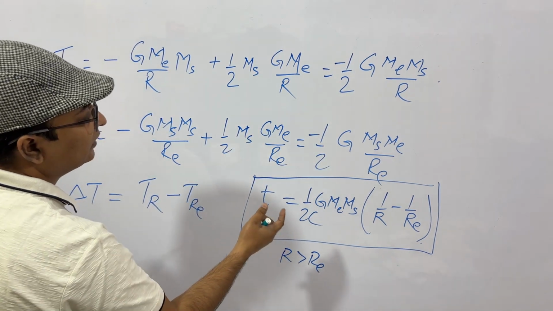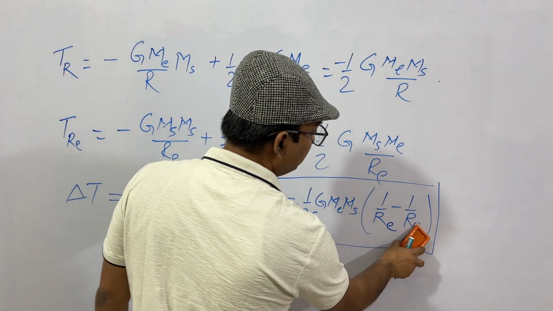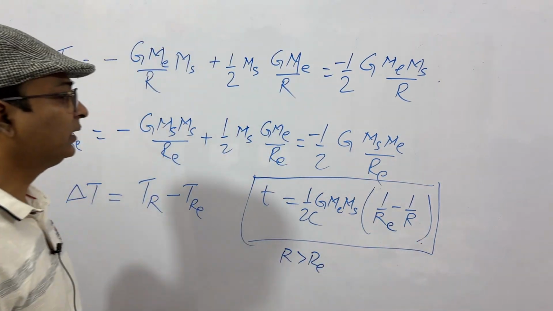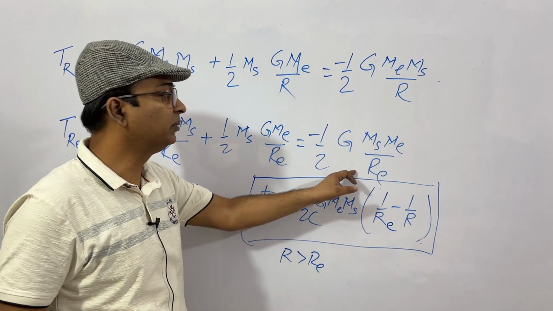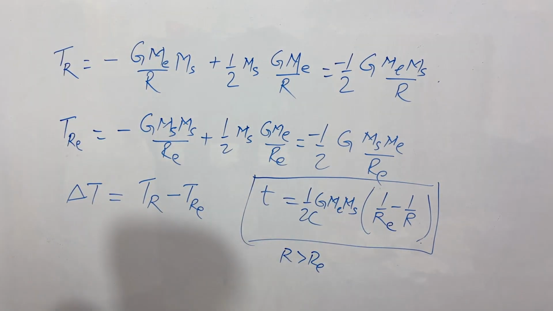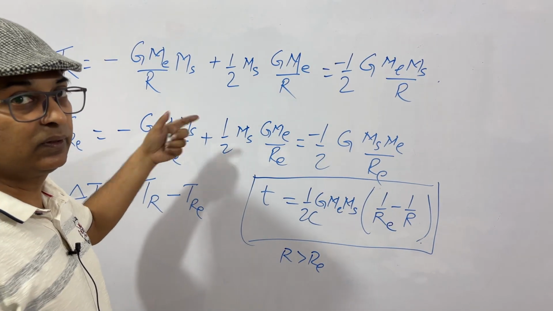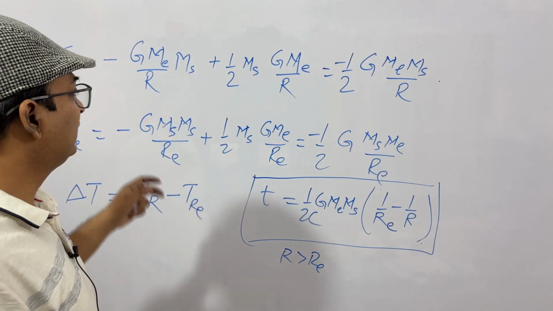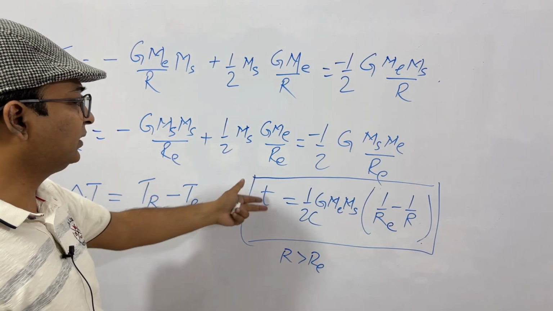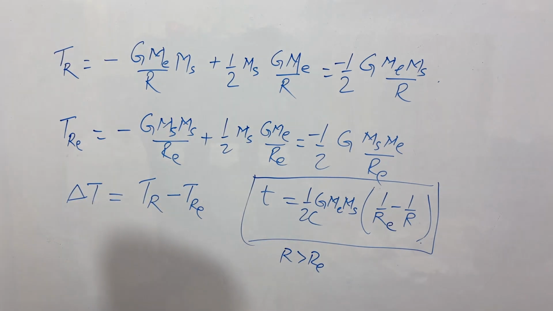This minus this, so when you take this, this will be Re and this will be R. This minus this, so this will be in minus and this will be in plus. So this is the value. It's always good to recheck your answer, whatever you have done, because looking at the answer only you will be able to figure it out. If the values were given, you could have seen this was minus something. So that was wrong.